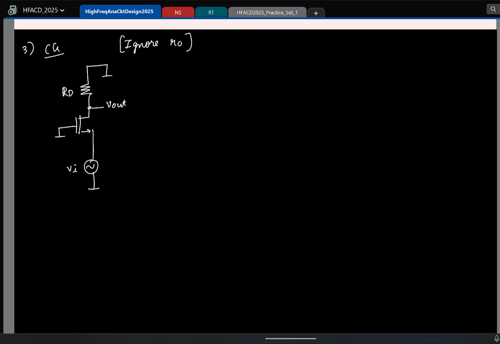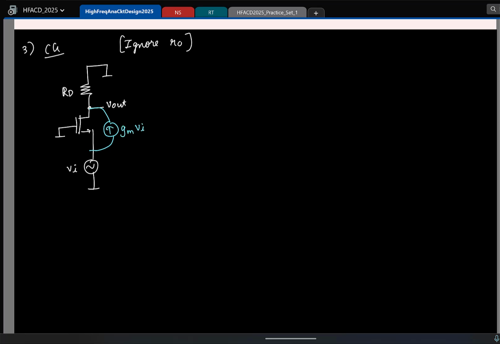Okay, let's do it. MOSFET is a current source. What is the value of the current source? gm times VGS. Minus gm times Vi. So I don't like minus. Let's all be positive. So let's flip it around and say it's gm Vi.